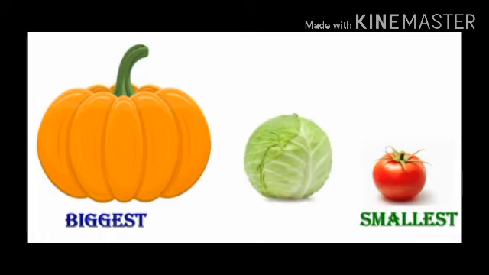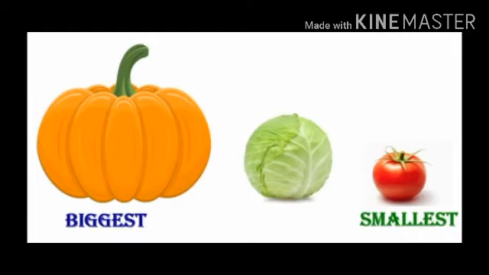Can you tell me which is the biggest one? Yes, pumpkin is the biggest vegetable amongst all the vegetables. Then which is the smallest one? Very good, you are correct. Tomato is the smallest vegetable amongst all the three vegetables. What are the vegetables? Pumpkin, cabbage and tomato.